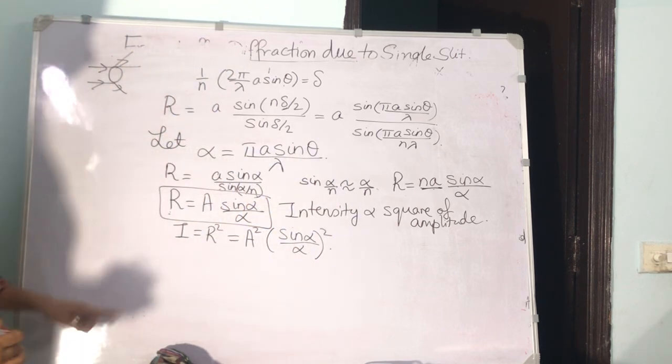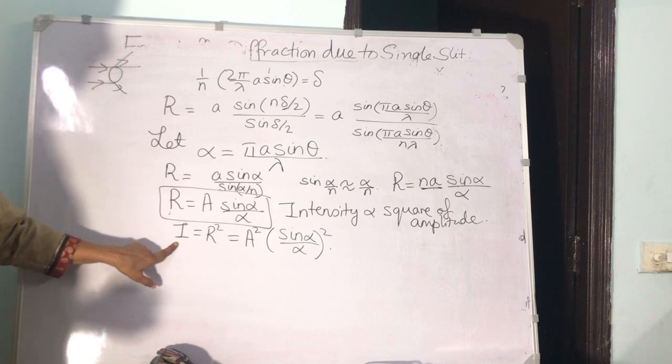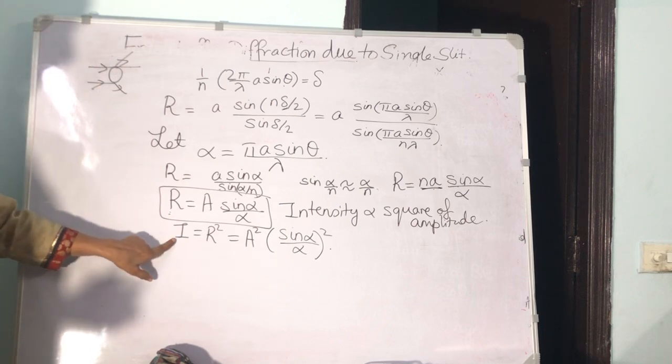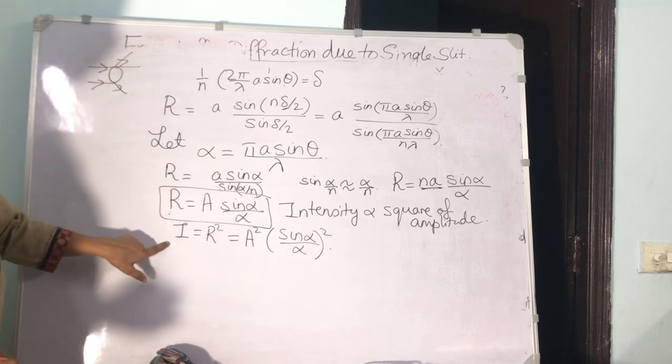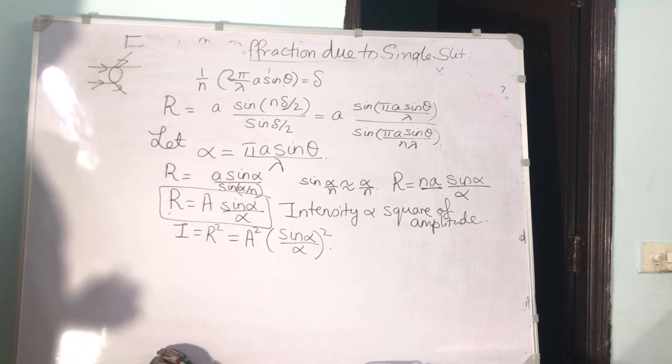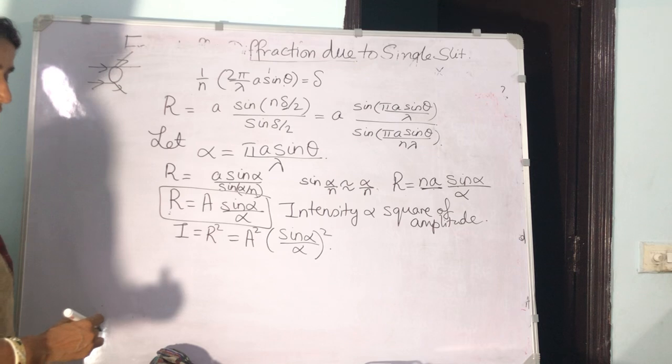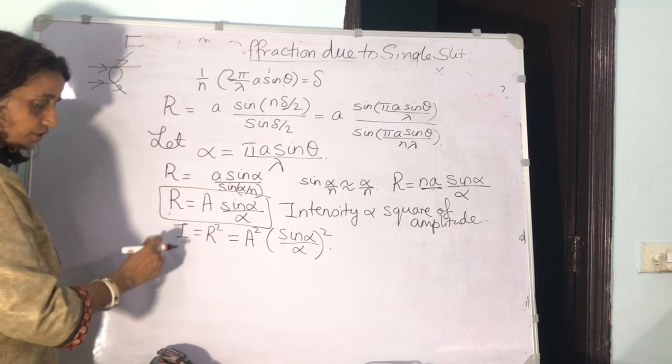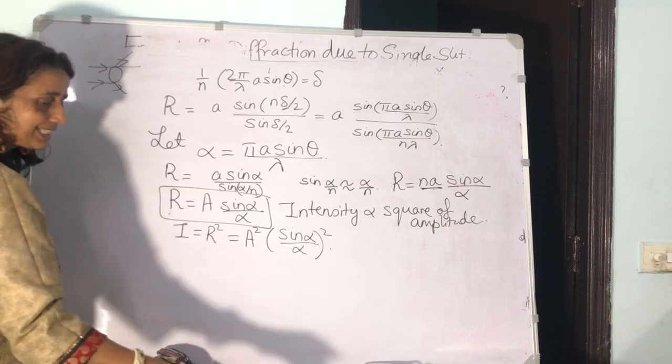Now we will differentiate this expression to find out the maxima and minima for diffraction pattern. So this is the intensity distribution due to Fraunhofer diffraction of a single slit.